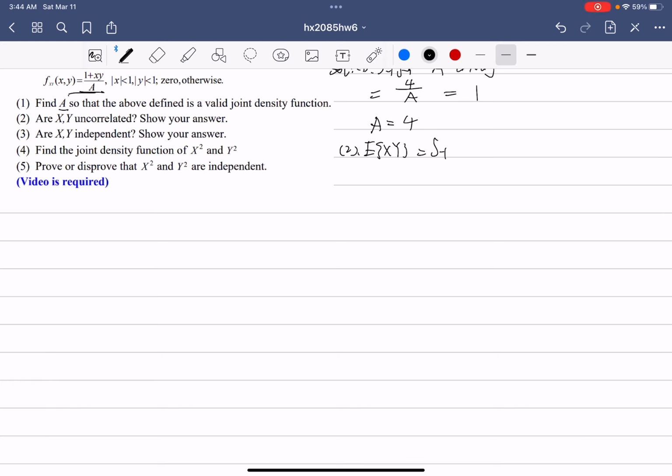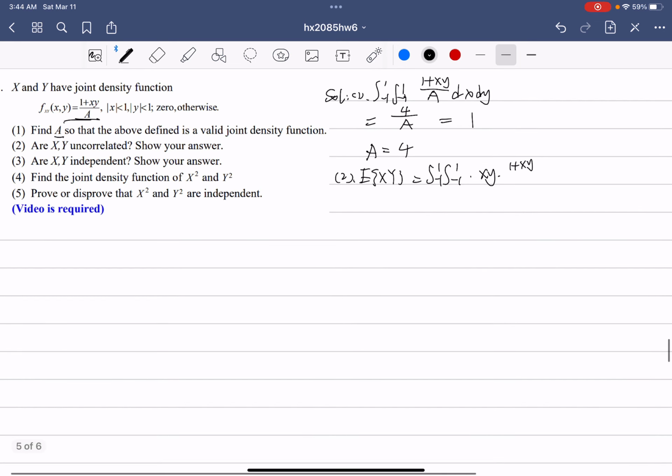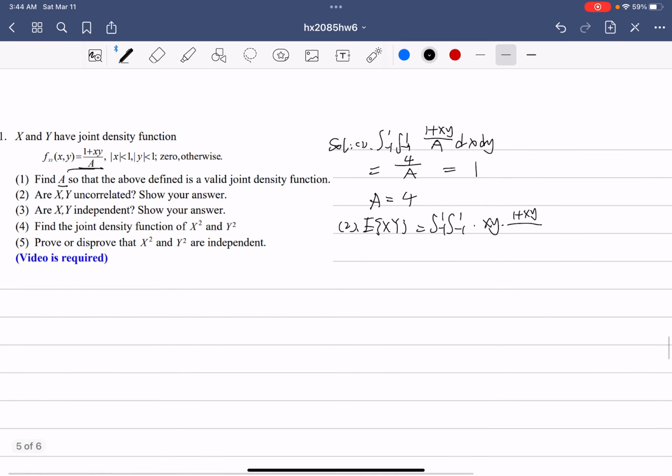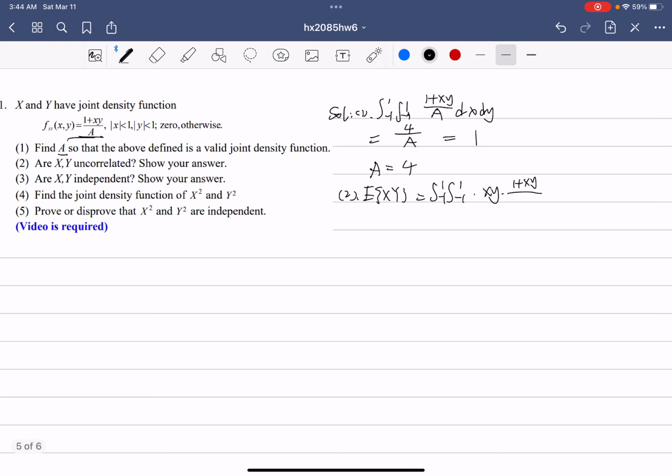It equals the integral from -1 to 1 of xy times the joint density function we got above, which is (1 plus x times y) divided by 4. It will be 1 divided by 9.